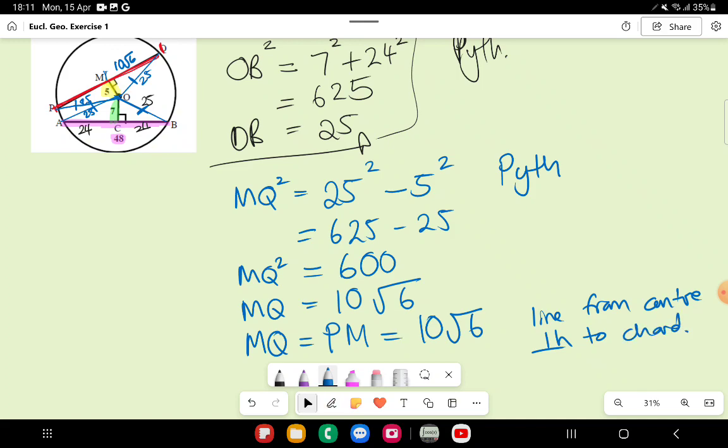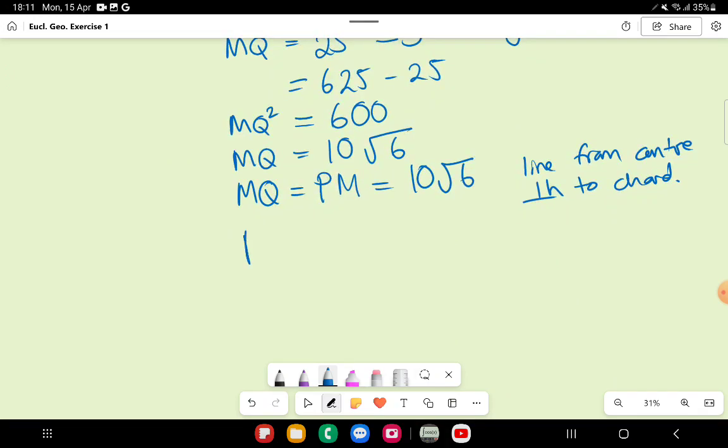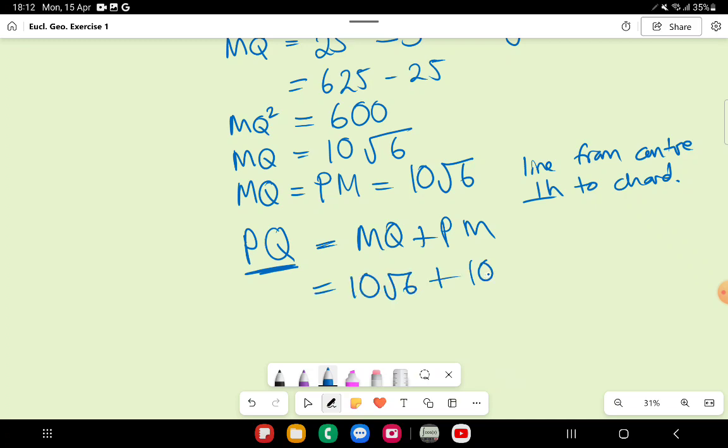So now that I know that, PQ, which is the answer I want, is equal to MQ plus PM. So that is equal to 10 square root 6 plus 10 square root 6.